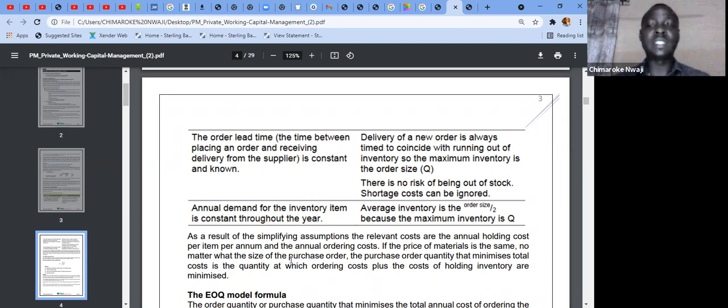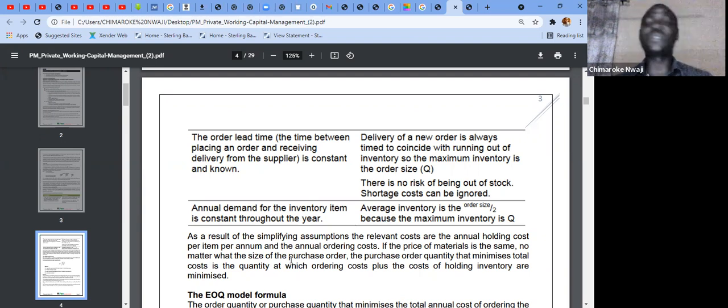You know when your stock will run out, when you are going to place your order, and when you will receive it, such that when your order lands, that is when your stock is depleted. So what you'll have in stock is the maximum inventory, which is the order you just made.